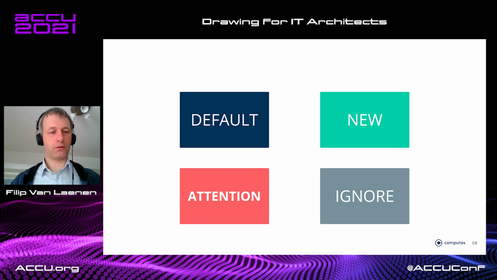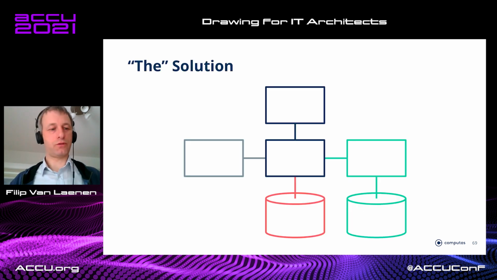Now, this is the default convention. Of course, if your company uses, for example, red as a default color, you probably have to follow that. But otherwise, I think these are the sort of colors you can use to give messages. So if you look at this, it's a slightly more complicated drawing, but you can see here, there's something wrong with the database in the middle.